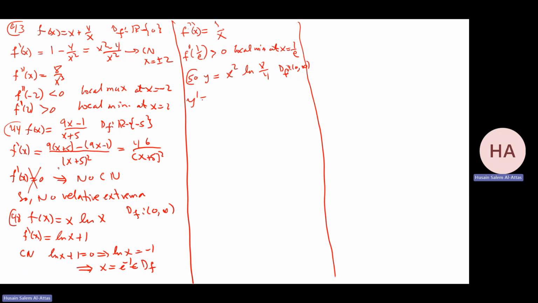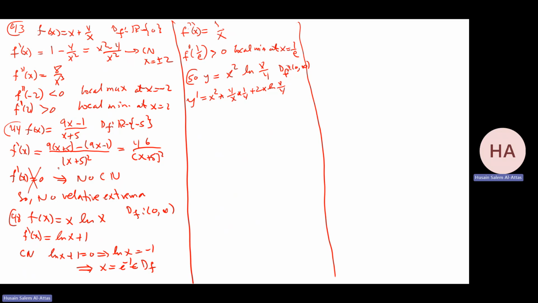Y prime will be product rule. Then give me what? X squared times 4 over x times 1 over 4, plus 2x ln x over 4.